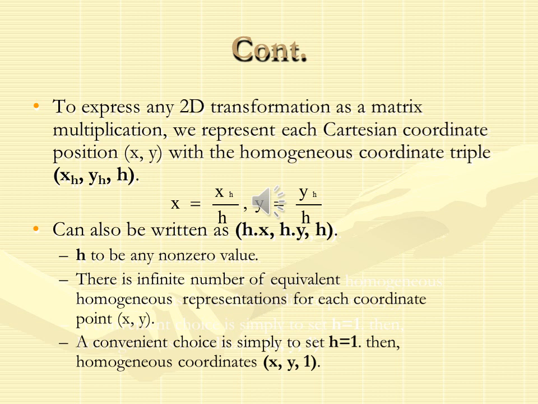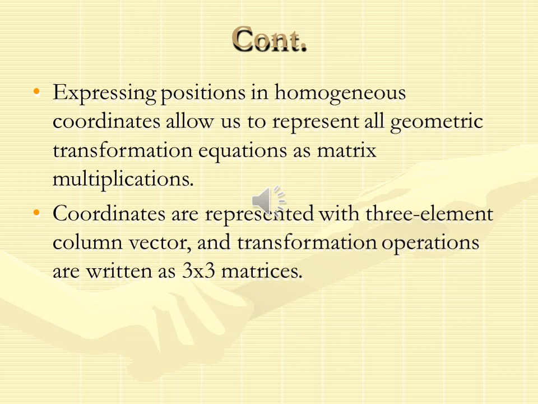There is an infinite number of equivalent homogeneous representations for each coordinate point x, y. Expressing positions in homogeneous coordinates allows us to represent all geometric transformation equations as matrix multiplication. Coordinates are represented with a three-element column vector, and transformation operations are written as 3 by 3 matrices.